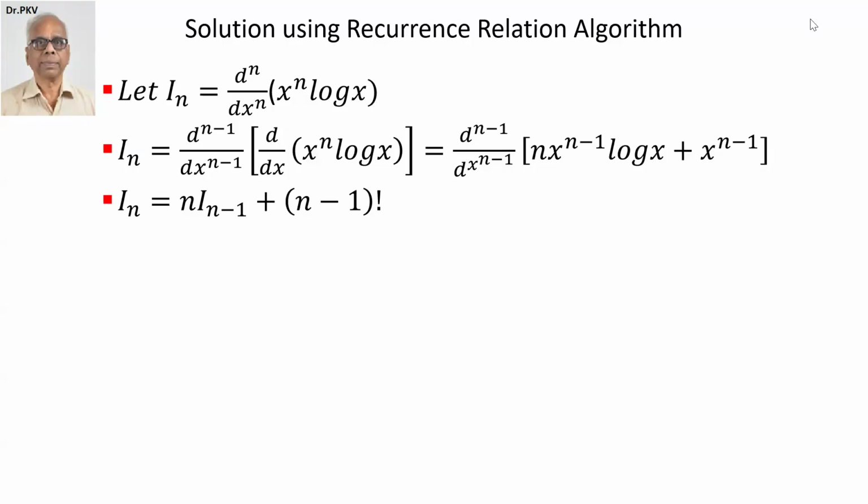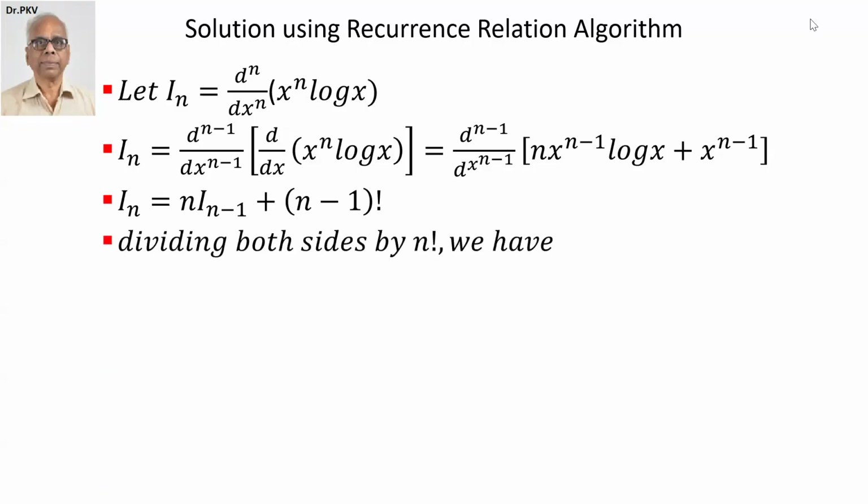Then the (n-1)th derivative of x^(n-1) is factorial (n-1). All of us know the nth derivative of x^n is factorial n, and therefore the (n-1)th derivative of x^(n-1) will be factorial (n-1). So I_n is equal to n times I_(n-1) plus (n-1) factorial.